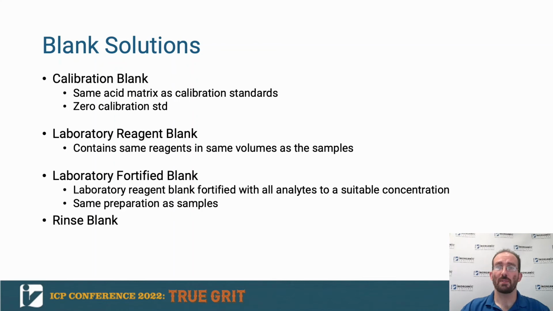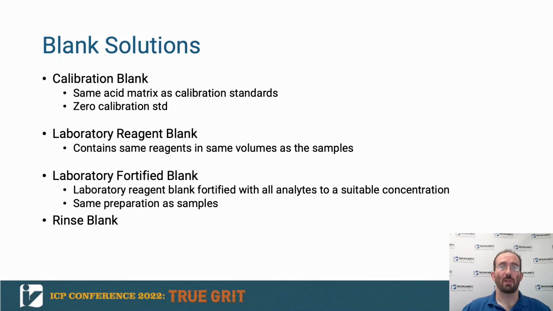There are several types of blanks, and each of them has important roles to play in your analysis process. The calibration blank is exactly what it sounds like. It's just a matrix-matched water sample in order to help account for any trace impurities in your acid. The lab reagent blank is used to determine if method analytes or other interferences are present in the laboratory environment, reagents, or apparatuses.